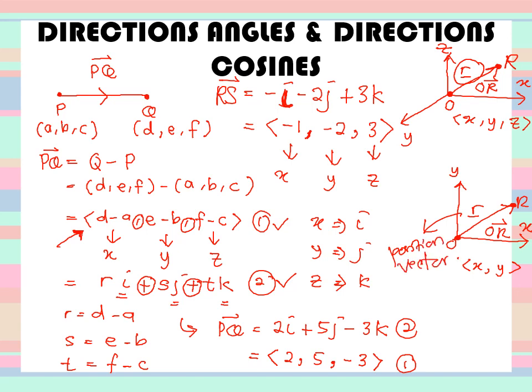This is also a position vector because it starts from the origin to a point R. If it is all positive, then it is i plus j plus k, and for the 2D plane, it will be i plus j only.